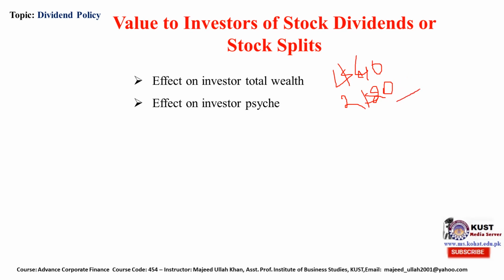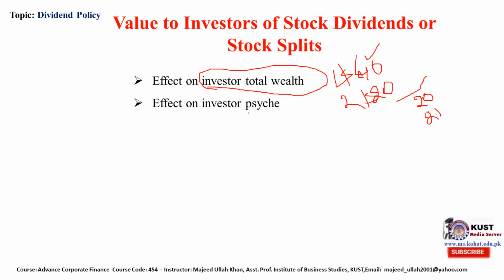When the stock opens, obviously this 20 rupees will not remain 20. Since the share now comes in the range of the middle investor, obviously trading will take place in this share, and the 20 rupees price will increase a bit. It will move to 20.5, 21, 22, 23, and this will increase the investor's total wealth.